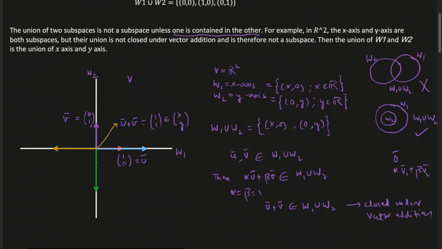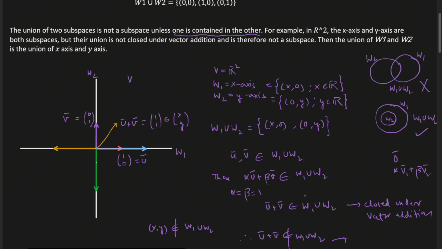It doesn't contain the elements of type x comma y. Or I can say that the vector x comma y doesn't belong to W1 union W2, right? Therefore I can say that the vector u plus v also doesn't belong to W1 union W2. So it is not closed under vector addition.